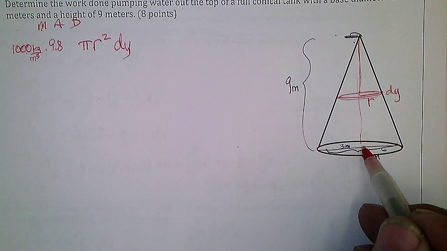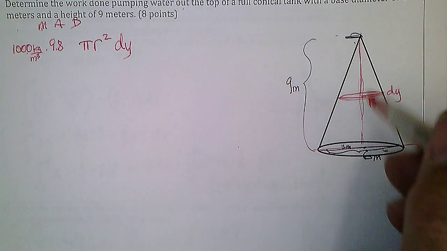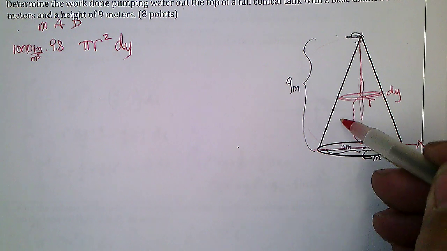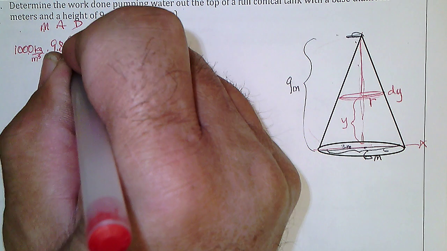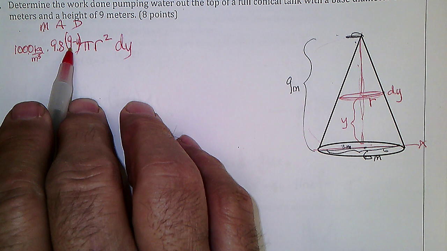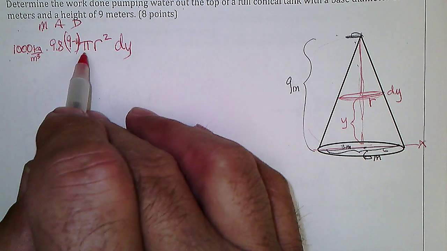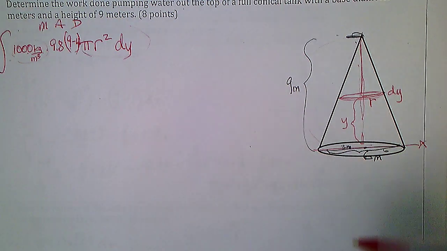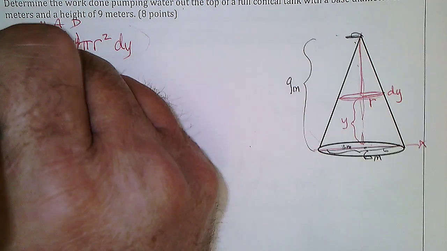So if I'm putting the axis down here, this would be 9. This would be the y. And so this would be 9 minus y. So there's the distance I'm lifting it. This is the a, and the volume times the density. And I'm going to integrate this from y being 0 to 9.